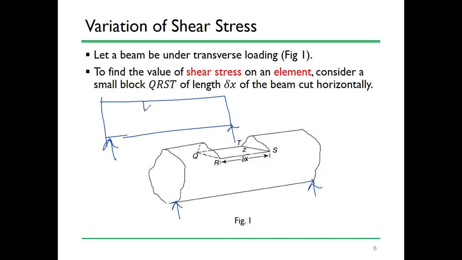And we have just cut a section at the top like this and removed this small part. So this is the surface, and this is also another surface. So take it as if we have section QR and section TS. The length we are considering is delta X.